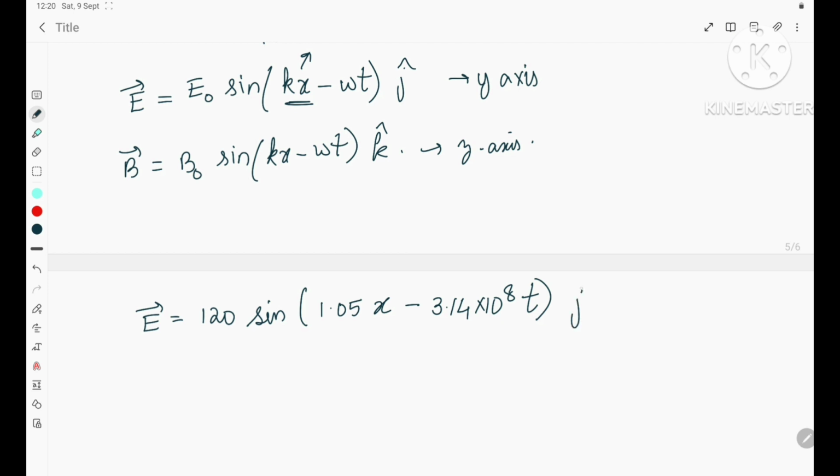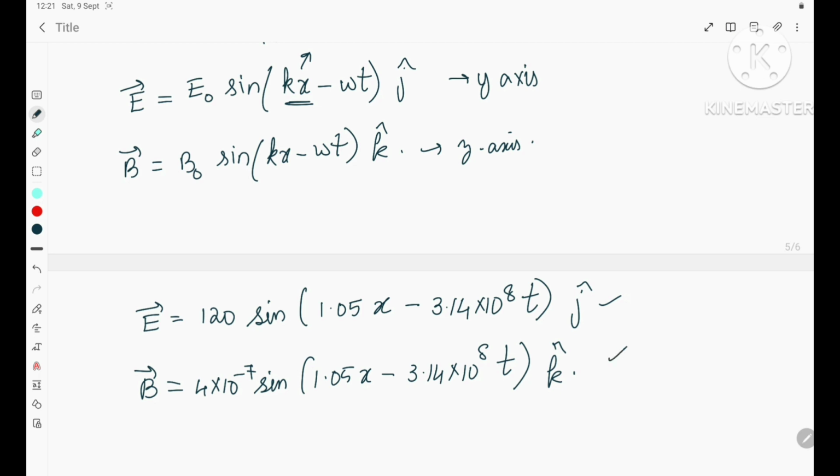Then it is in j cap. Similarly, B vector is equal to, what is B naught? We calculated B naught as 4 into 10 power minus 7 sine 1.05x minus 3.14 into 10 power 8 into t into k cap. So these two are the vector equations for E and B, electric and magnetic fields. And after writing the equations, also mention the unit. So this is Newton per Coulomb and this is Tesla.